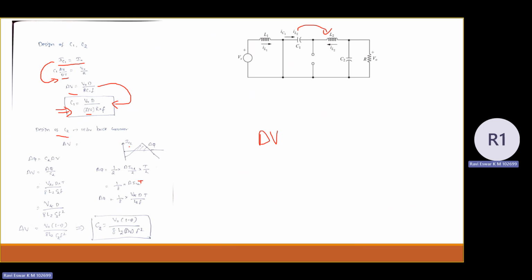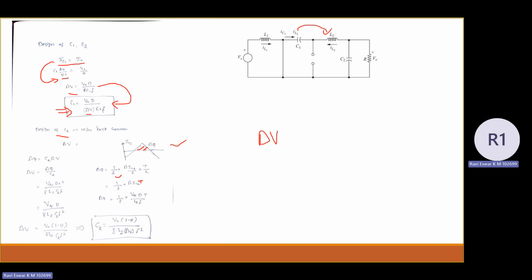So come to the capacitor C2. If you see the capacitor C2 current, it looks similar to the buck converter capacitor current. So you just recollect buck converter capacitor current. So it is similar. So from this, I can get del Q as area under the triangle.